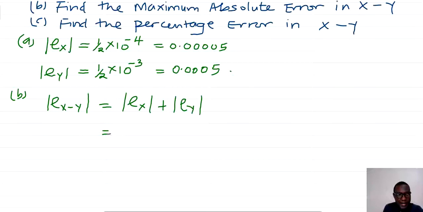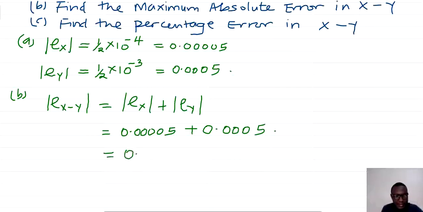So the absolute error in x is 0.00005 plus the absolute error in y, which is 0.0005. This gives us 0.00055, and this here is the maximum absolute error in x minus y.